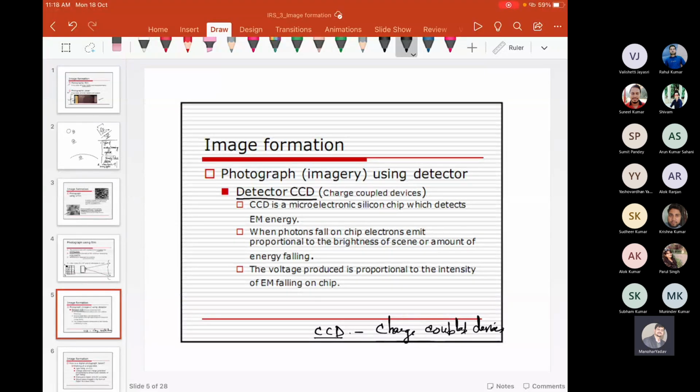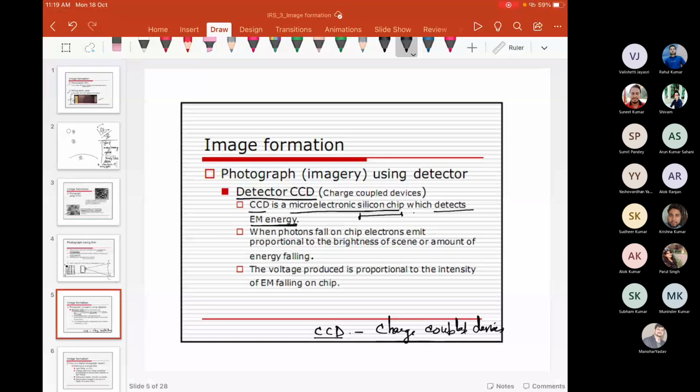A CCD is comprised of a microelectronic silicon chip, and we can see these are the phototransistors. We also call it a phototransistor. When light falls on the surface of the CCD, it detects the electromagnetic energy, and after some internal processing within this chip, equivalent electrons are generated.